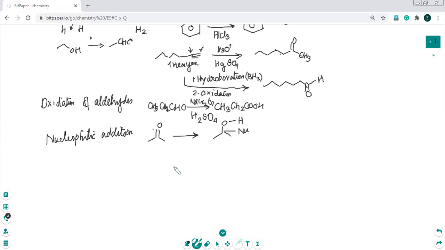Right. So you can do this addition reaction under two conditions: under acidic condition or under basic condition. First we'll see the basic condition. Addition reaction can be done under basic condition.